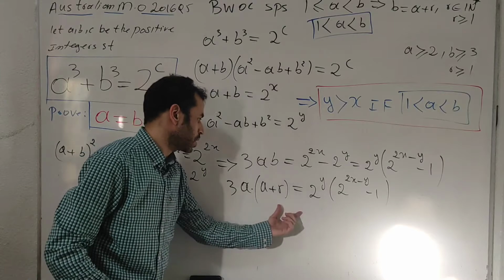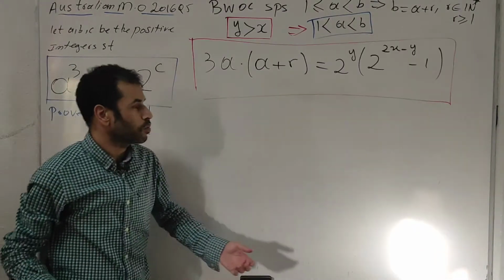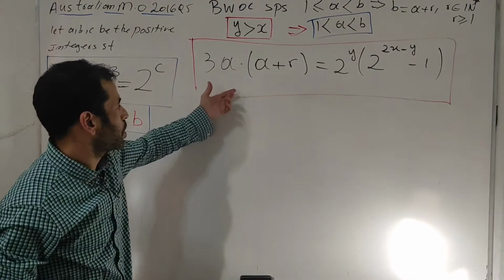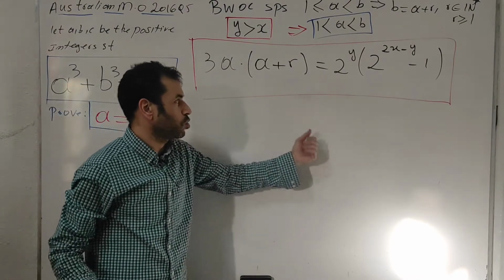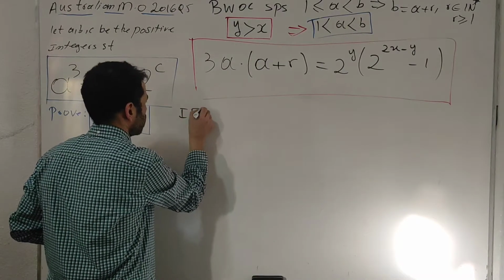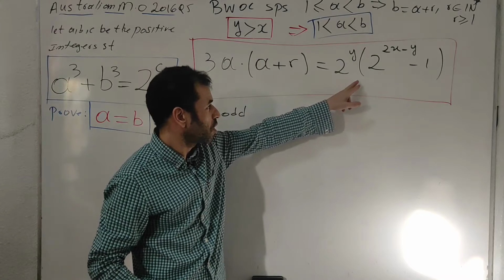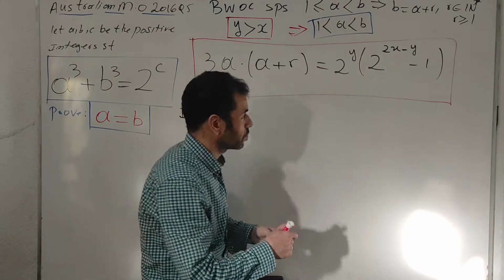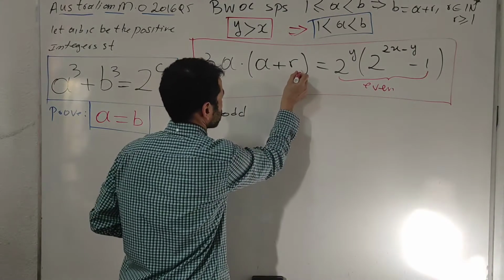Now I'm going to take this expression at the top and continue solving our problem. In the last board I was working on this equation and came up with this expression. Now I'm going to break this into two cases. If A is odd, since the right hand side of this equation is even, the left hand side must be even as well.